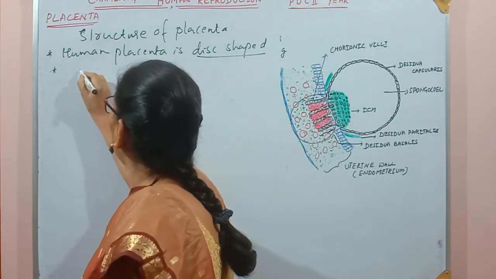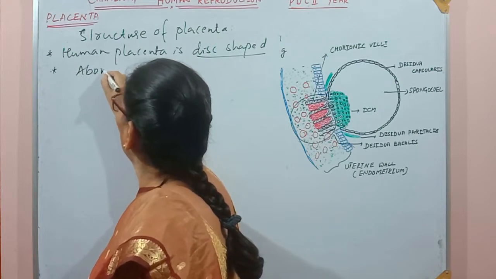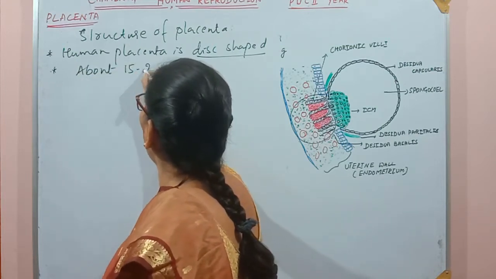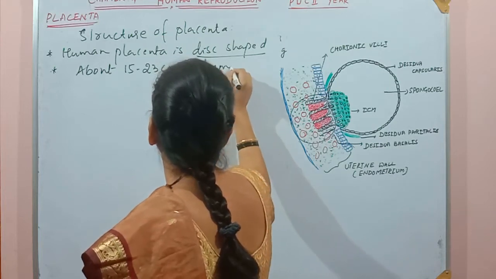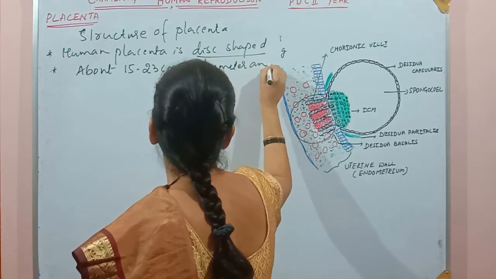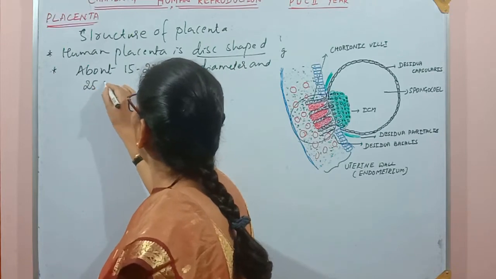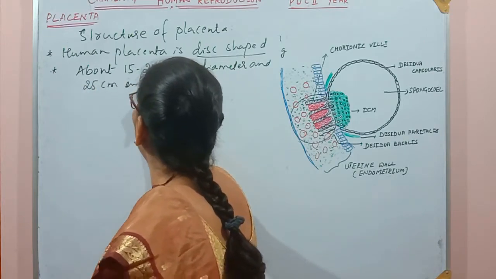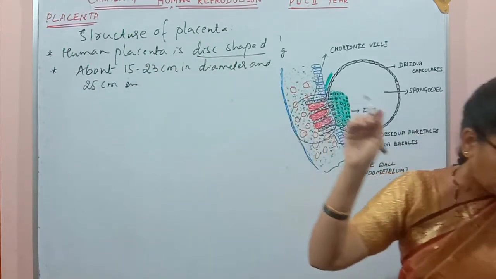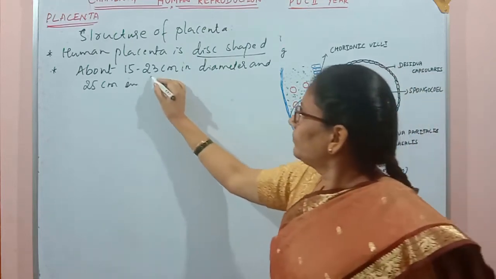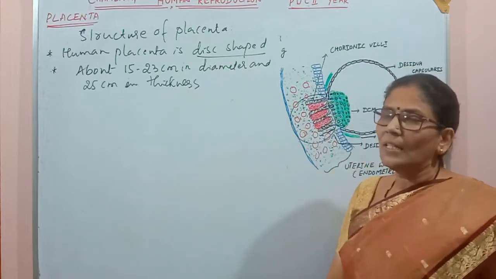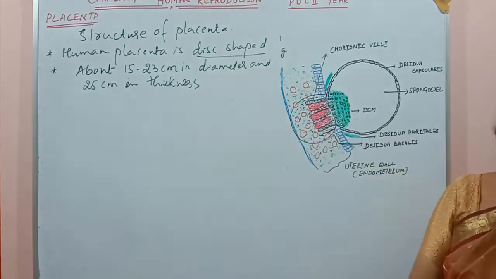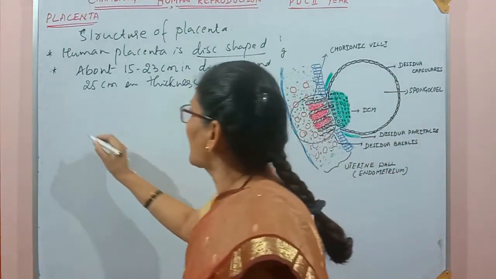Its size is about 15 to 23 centimeter in diameter and 2.5 centimeter in its thickness. It weighs about 500 grams.